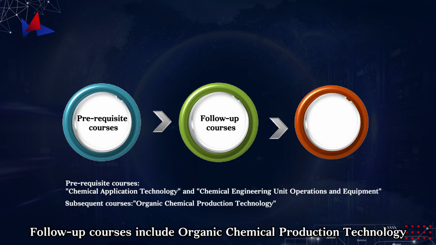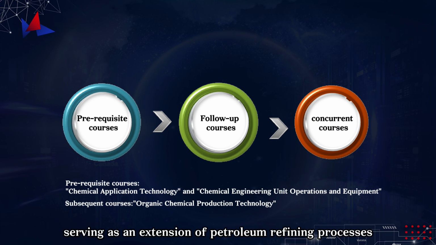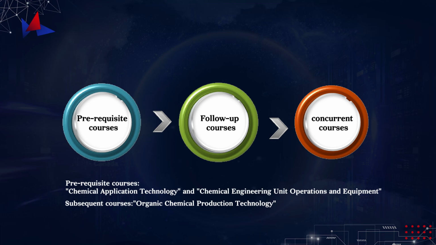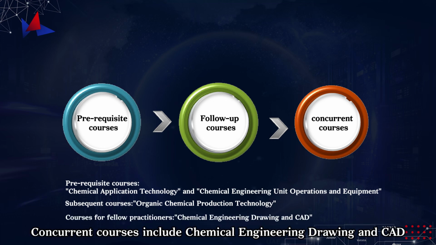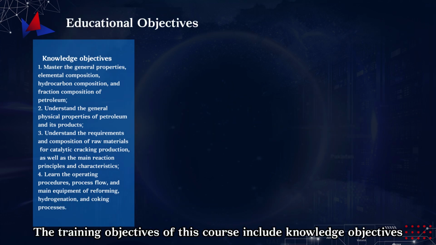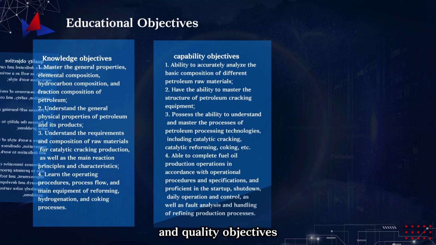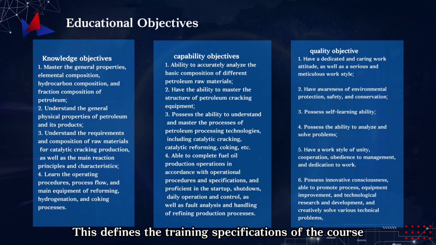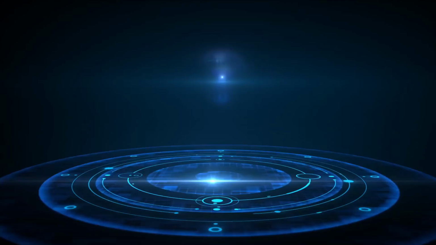Follow-up courses include organic chemical production technology, etc., serving as an extension of petroleum refining processes. Concurrent courses include chemical engineering drawing and CAD, etc. The training objectives of this course include knowledge objectives, ability objectives, and quality objectives. This defines the training specifications of the course.